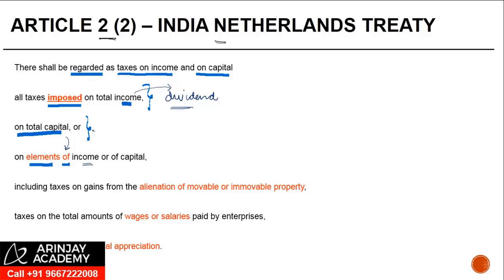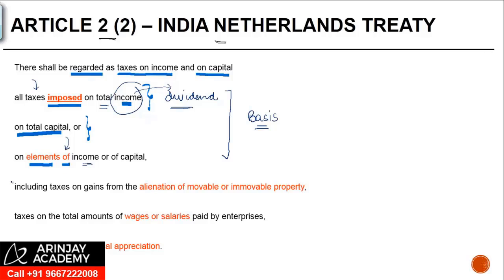So if there are any taxes which are imposed on total income or total capital or elements of total income or total capital, these are covered here. One thing which stands out from what we discussed right now is that the basis on which the tax is calculated should be income before it can be covered in this article.